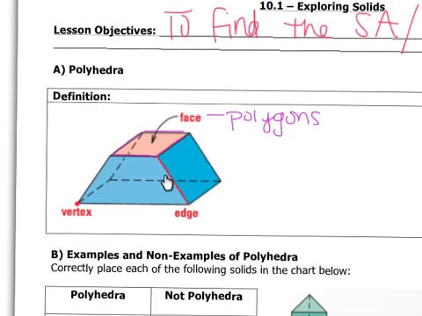An edge is where an intersection of two faces is. This is the intersection of two faces.